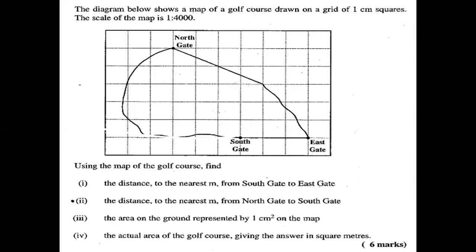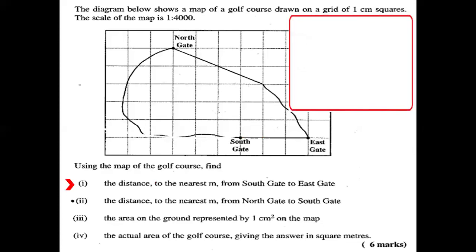Using the map of the golf course, find the distance to the nearest meter from the south gate to the east gate. Great. So from the south gate to the east gate, we're talking about 1, 2, 3 centimeters on the map, right? But 1 centimeter is how much again? 4,000 centimeters on land. So the distance from the south gate to the east gate will be 3 times 4,000, which is 12,000 centimeters. Now, they want the distance on land to the nearest meter.